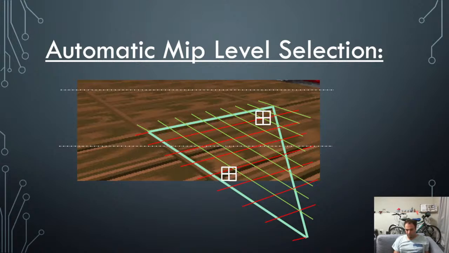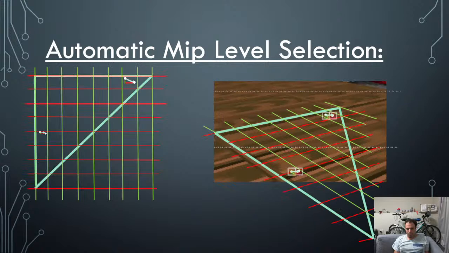Like in a rasterizer, there are derivatives. I won't go into it because this is not really the topic, but there are approximations. Here's a good depiction of what we're looking at. For this pixel, if we unwarp it back into UV space, that's how the vector between these two pixels will backwards project into the UV space.